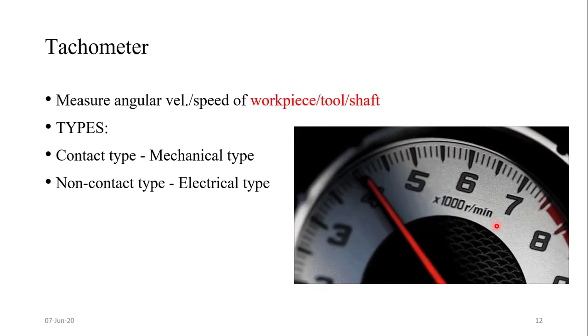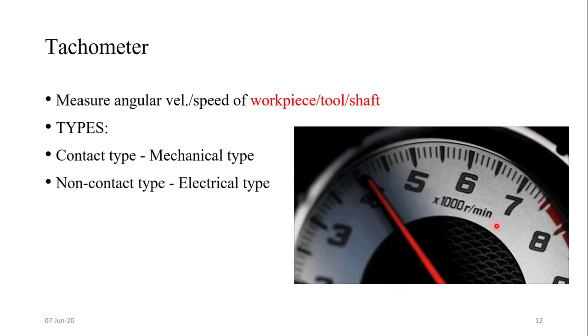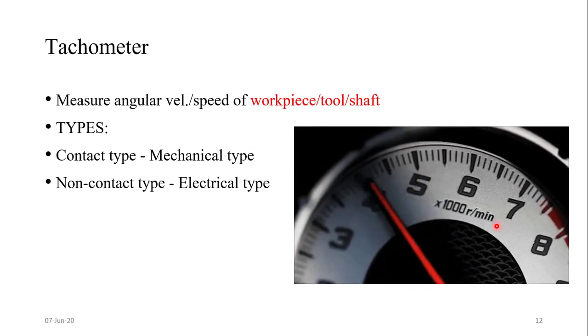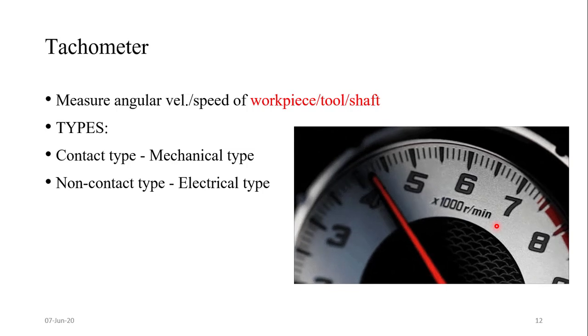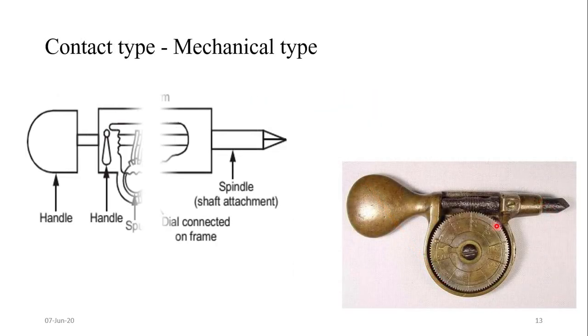Then there is contact type and non-contact type. Nowadays we have two types, contact type and non-contact type. There is a mechanical and electrical type. Contact types are very old ones, where we used worm and worm wheels when we did not have any digital meters to measure this.